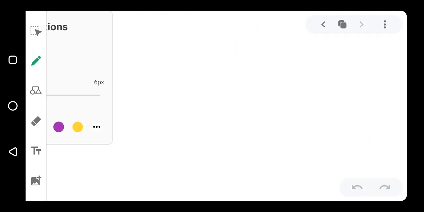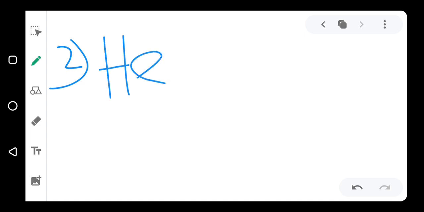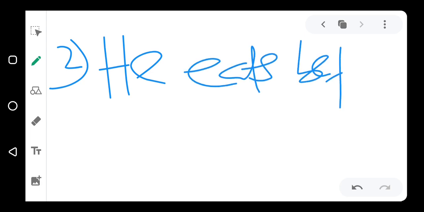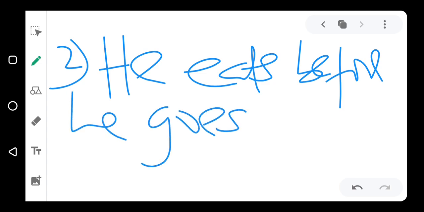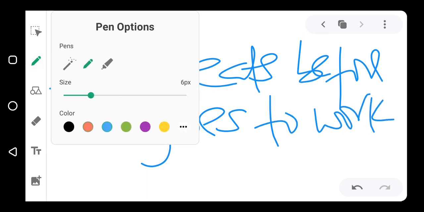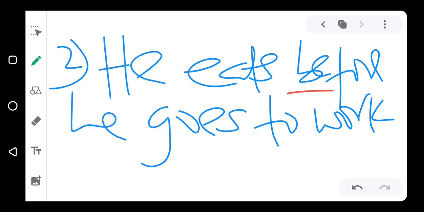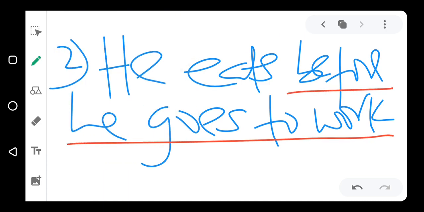Example 2. He eats before he goes to work. Now, if this part of the sentence is marked off, before he goes to work, and we are asked to identify it, we start by trying to identify whether it is a clause or a phrase.